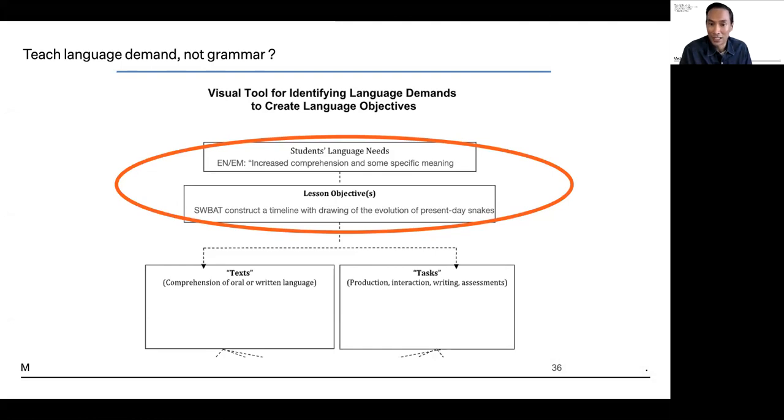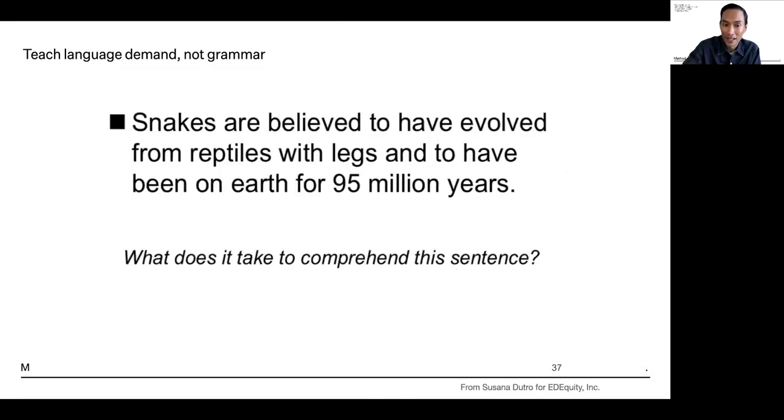And your lesson objective would be, students would be able to construct a timeline with drawings of the evolution of present-day snakes. Obviously a science lesson. Let's start with that. Snakes are believed to have evolved from reptiles with legs and to have been on Earth for 95 million years. So you ask yourself, what does it take to comprehend this sentence?